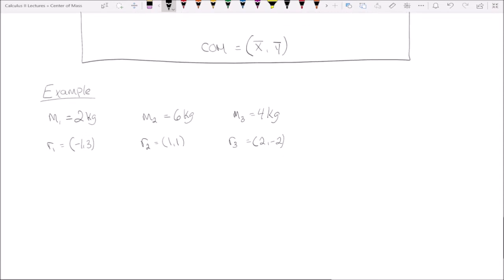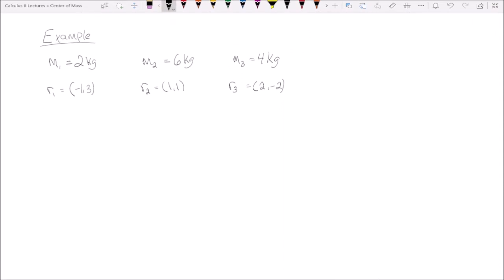Well, first we need to find the x moment. And so remember, that's the sum i equals 1 to 3, m sub i, y sub i. So we get 2 times 3, we get 6.